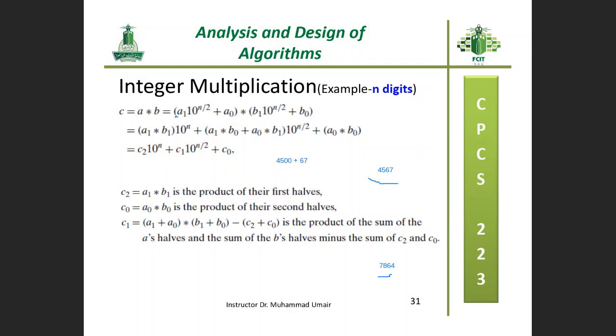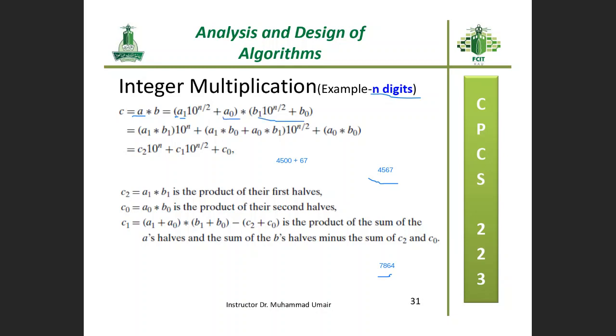So similarly, it means if I am taking one number A which has n digits, I can reduce it to half and multiply the half of the digits. Now A1 is not representing one digit. A1 is representing half of the digits. Is that clear? Multiply by 10 raised to power n by 2 plus the remaining half digits.